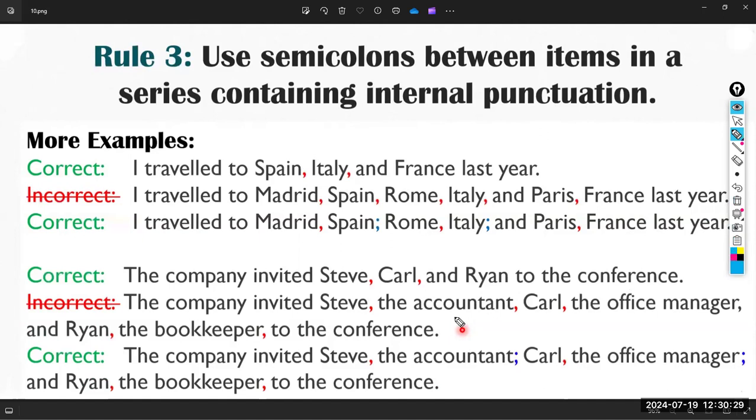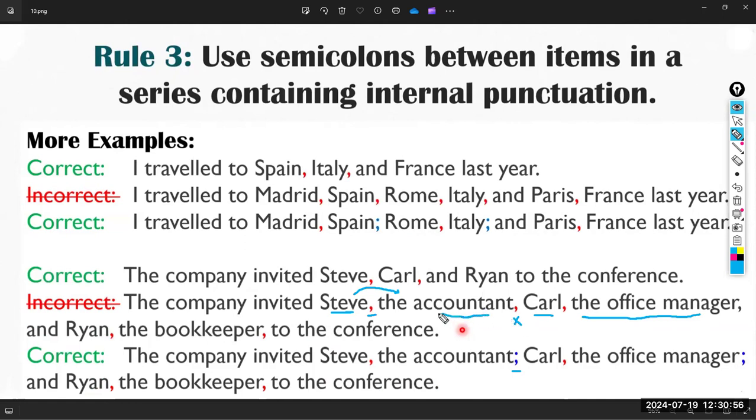But now if I want to say the company invited Steve, now Steve is the accountant. So I have to separate this person from his profession by using a comma. But notice that next I'm talking about a different person with a different profession. Because of that, I have to use a semicolon, but I cannot use a comma.